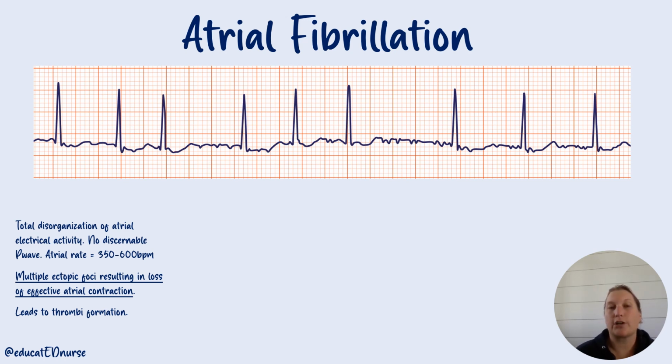There's no discernible P waves, although you can kind of see in this EKG the fibrillatory waves. They're not considered P waves, they're considered fibrillatory waves, okay? And there's so many of them, it's kind of hard to count. I'm sure you could just be like, well, Erin, I can go count them. You probably can, but the atrial rate is going to be anywhere from 350 to 600 beats a minute.